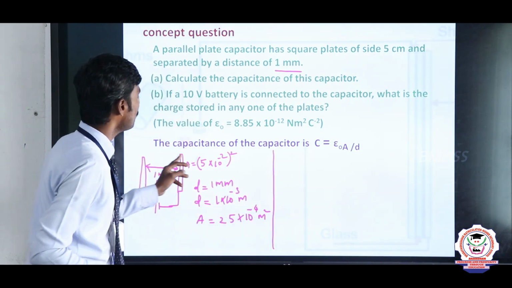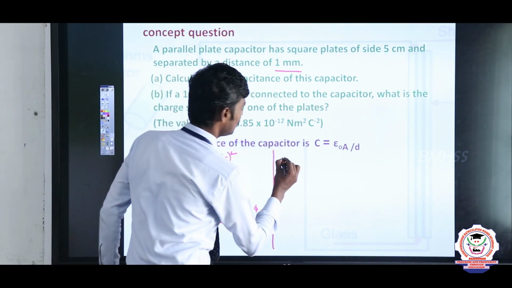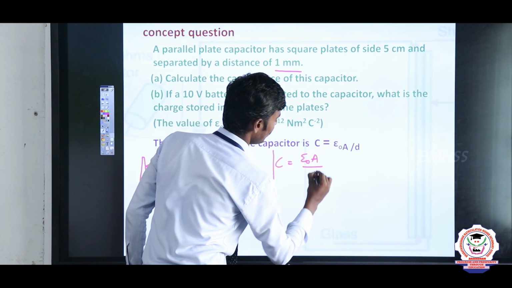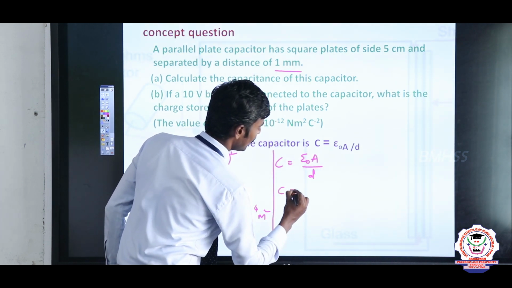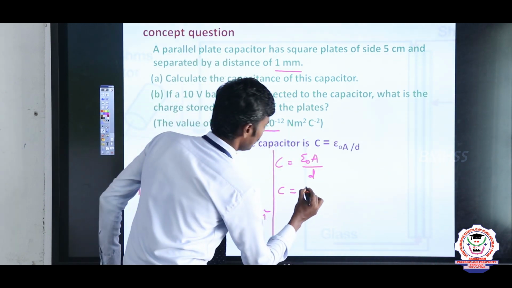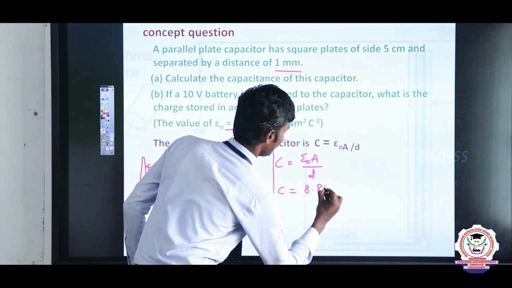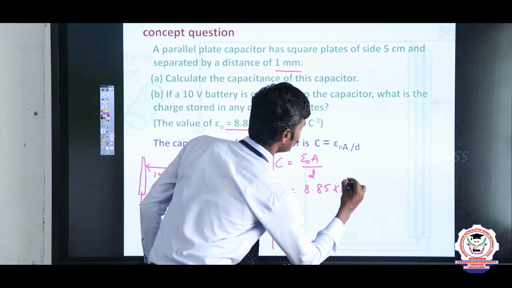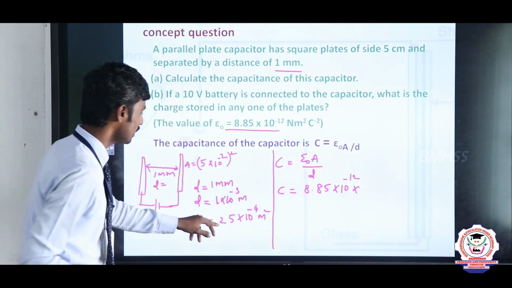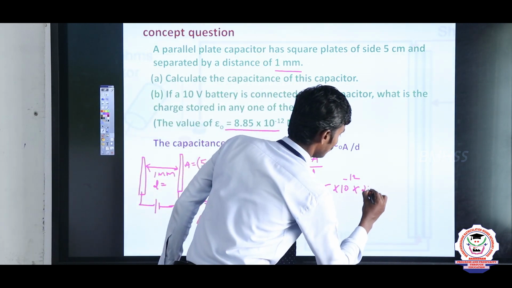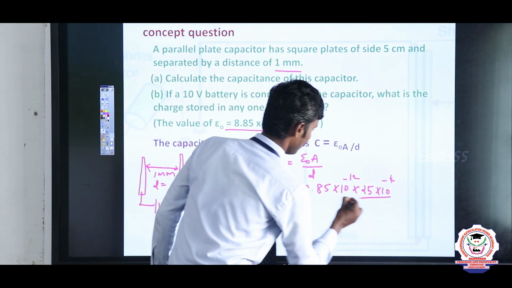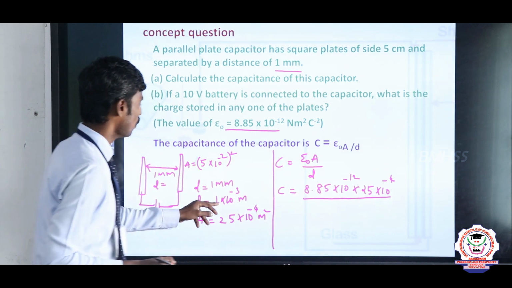For the first question, the capacitance of the capacitor, the general expression we know is C equals epsilon 0 A divided by D. Substituting all the values, we will get the answer. C equals 8.85 into 10 power minus 12, into A value 25 into 10 power minus 4, divided by D value 1 into 10 power minus 3.